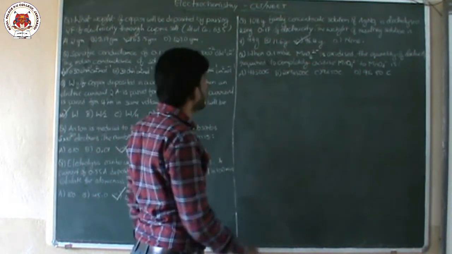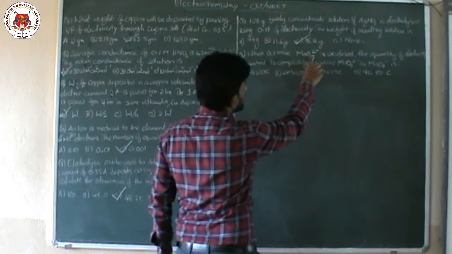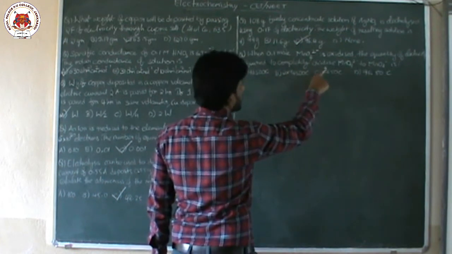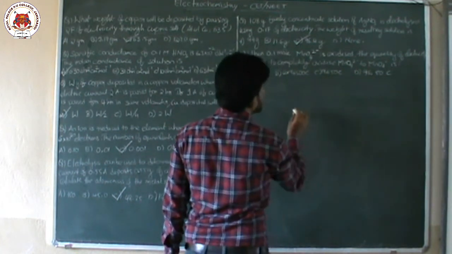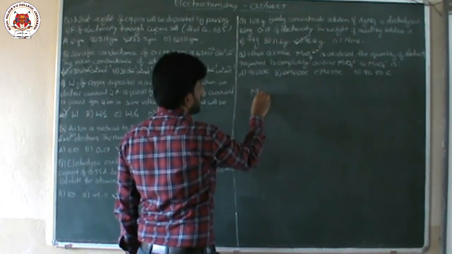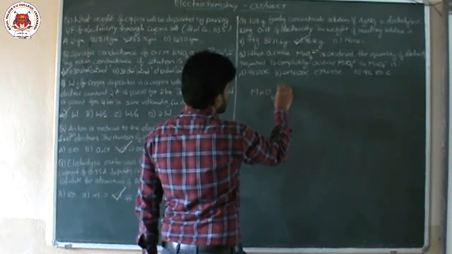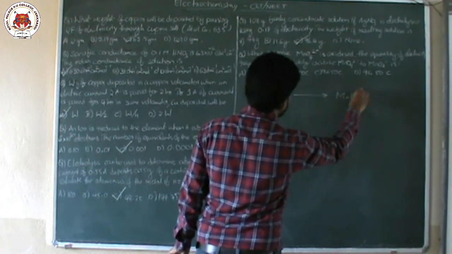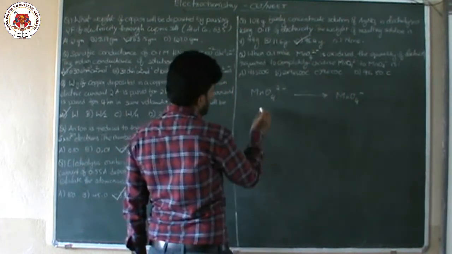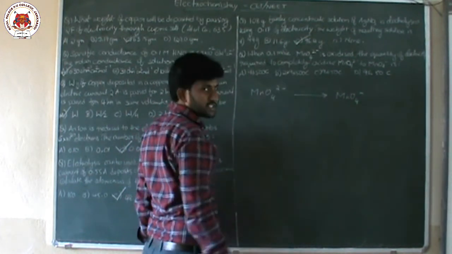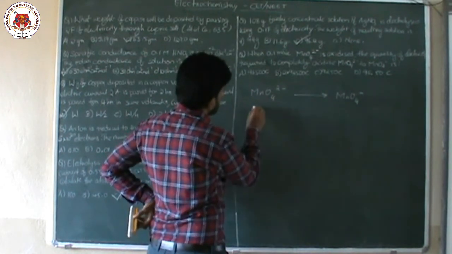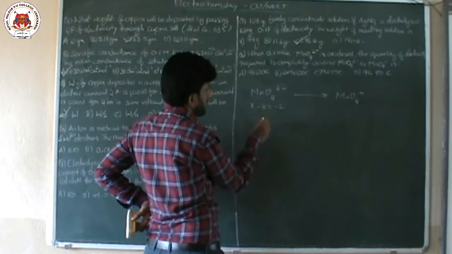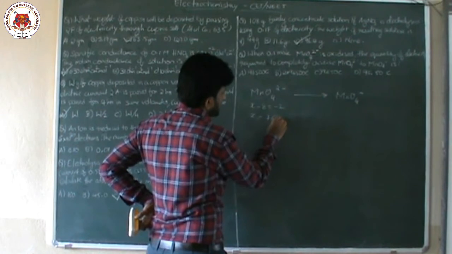Next question. When 0.1 mole of MnO4 2 minus is oxidized, the quantity of electricity required to completely oxidize MnO4 2 minus to MnO4 minus. Now look at this question. MnO4 2 minus is getting oxidized to MnO4 minus. You know that here the manganese oxidation state is x minus 8 is equal to minus 2 because of 4 oxides, so x will be plus 6.